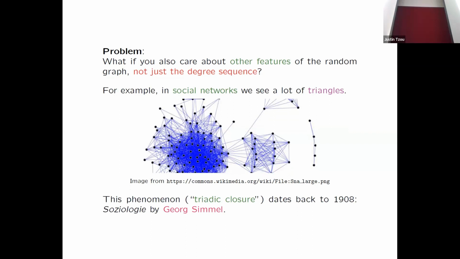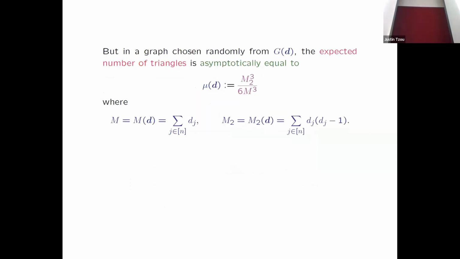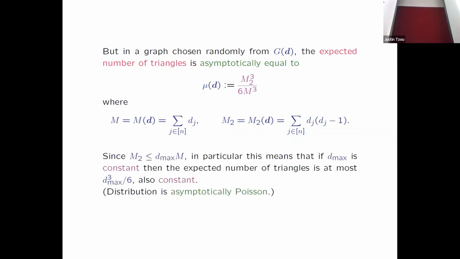So how good is G(D), the graphs with given degrees, at producing triangles, we can ask? Well, the expected number of triangles in a uniformly random graph with degree sequence D is given by this expression here, mu. The definition doesn't matter too much, but since this M2 is bounded above by at most d max times M, the sum of the degrees, mu is bounded above by d max cubed over 6. And if it's regular, it's equal to that.